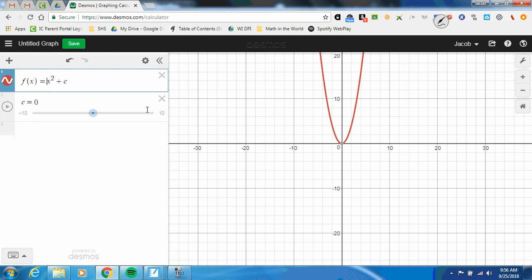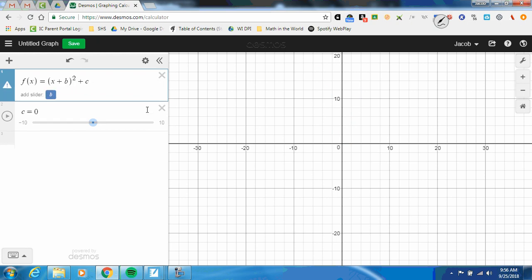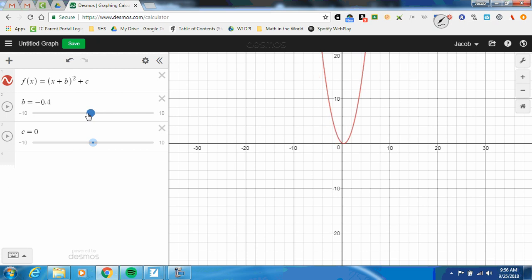Check this out. All right, so when I increase my b value, let's say I make b equal to 1. What do you think is going to happen? It's going to shift to the right.